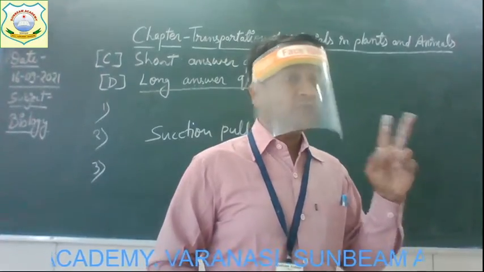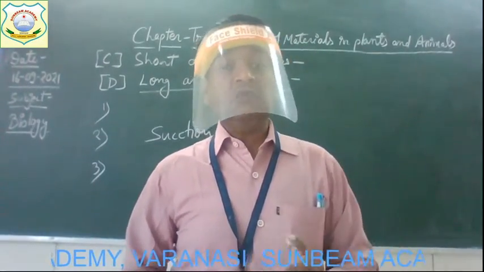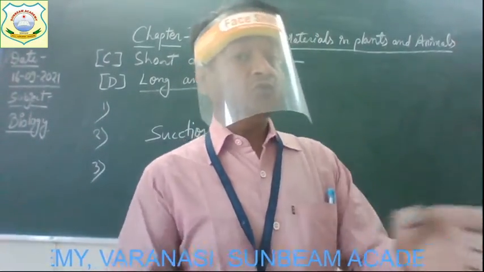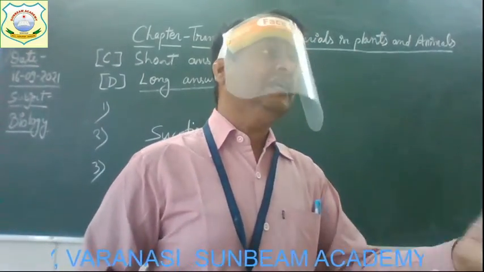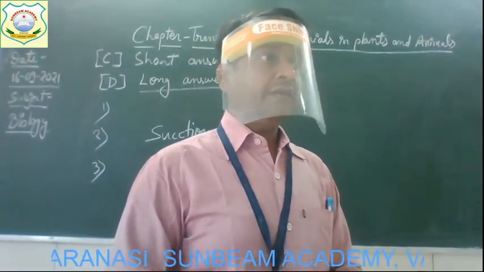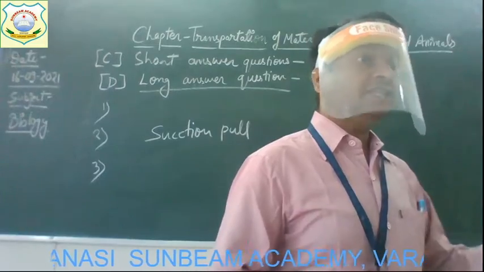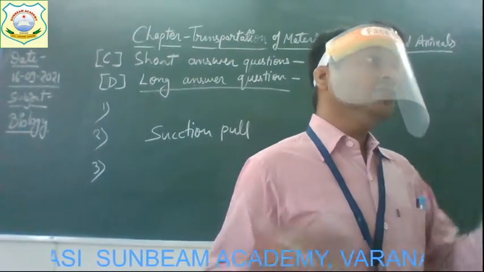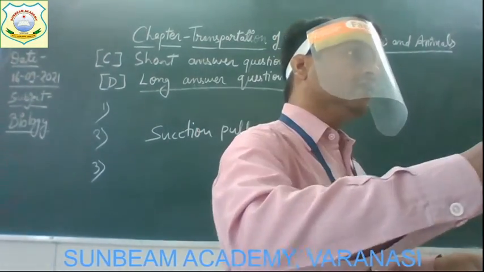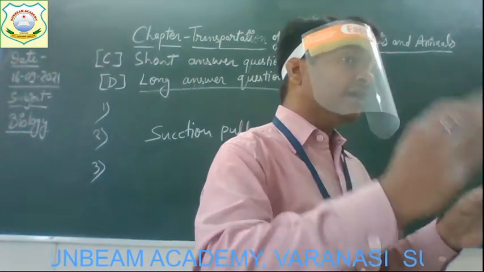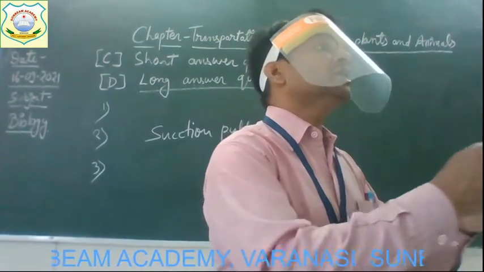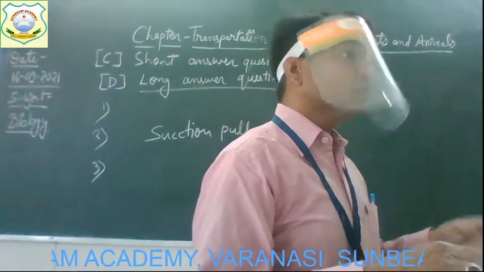The third product is waste product. They are transported from the cells to the organs that excrete them. In different cells of the body, the waste product which is produced moves to the organ of our body which is going to separate and filter it. So which organ do we have?